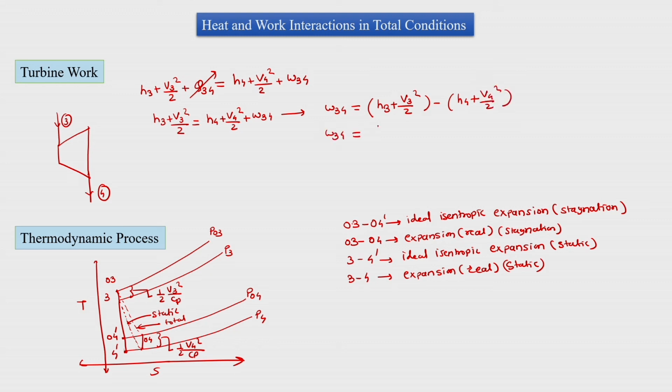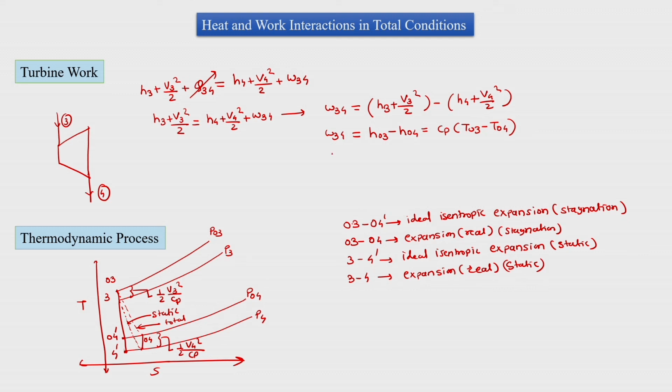The terms in the brackets necessarily represent total conditions. So, we have H03 minus H04, which in terms of temperature is T03 minus T04.